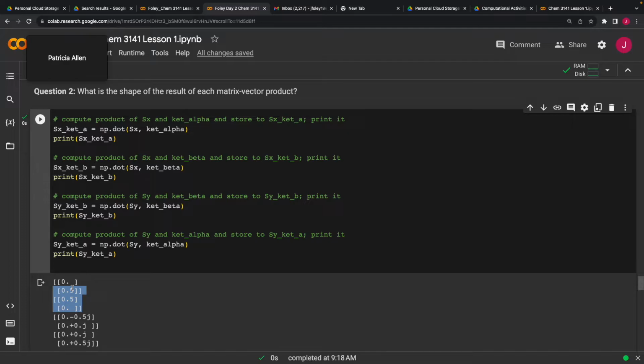And then Sx on 0, 1 is going to give us h bar over 2, 1, 0, which is going to look like this rotation.